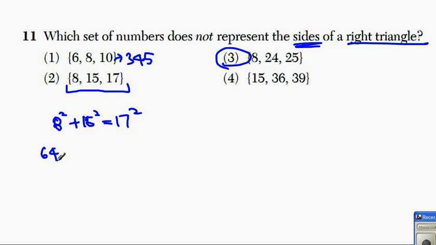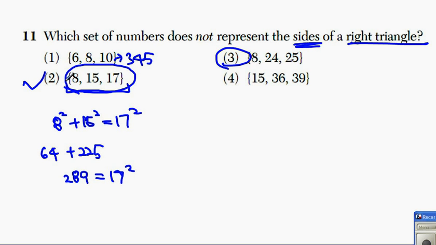That becomes 64 plus 225, and when you add them up, we get 289. Yes, 289 is indeed the square of 17, so this one also checks out. 8, 15, 17 is another popular triple, not as popular as the other two, but you know, this will be the one.